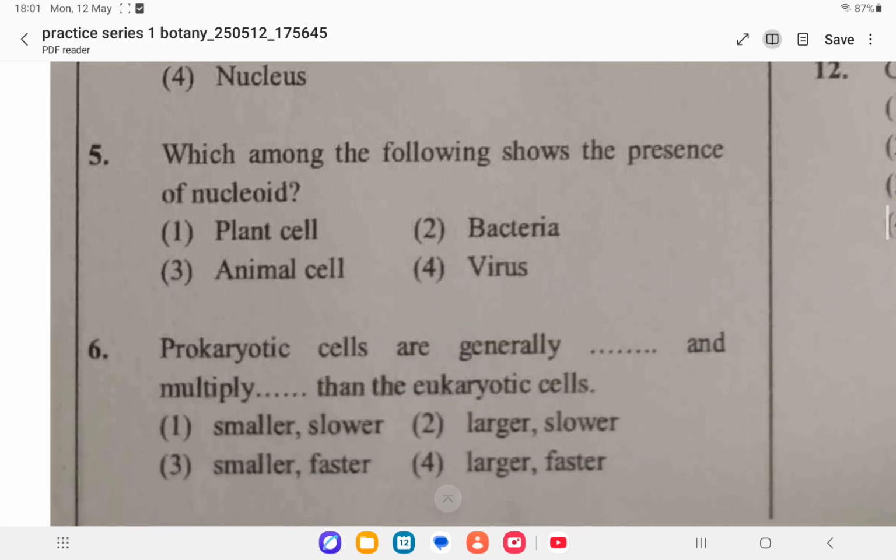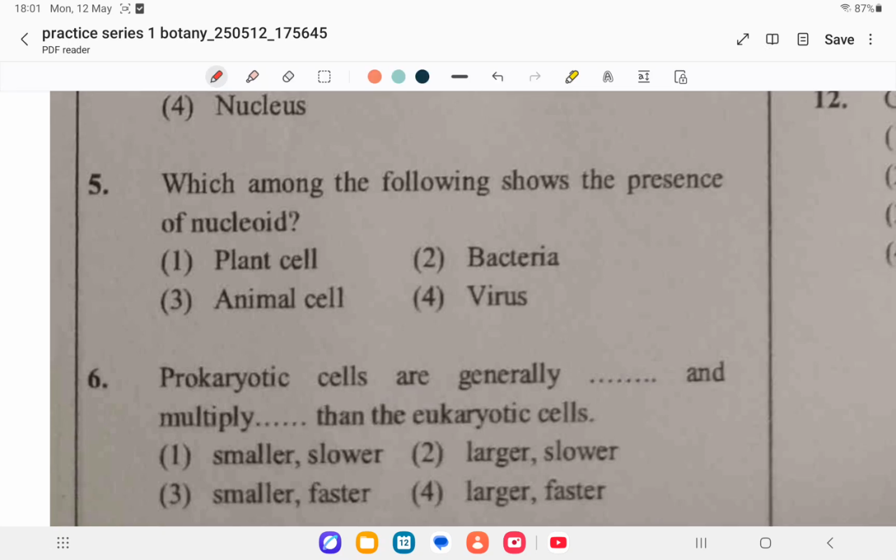Question 5. Which among the following shows the presence of a nucleoid? You can answer it. Later on I'll answer. Option 2 is correct, bacteria, as the nucleoid is the region in a prokaryotic cell that contains most or all of the genes.